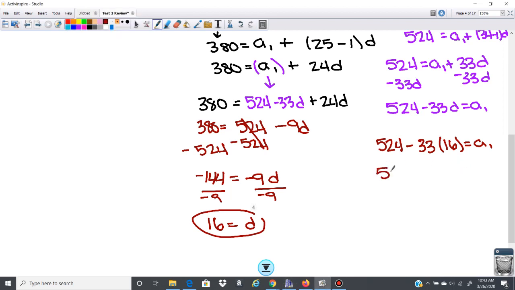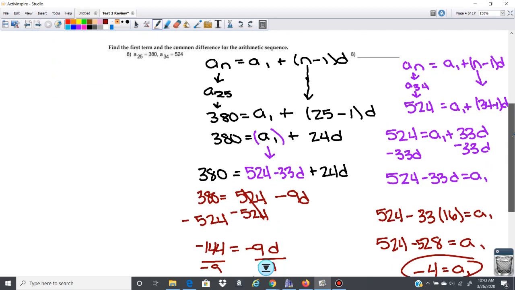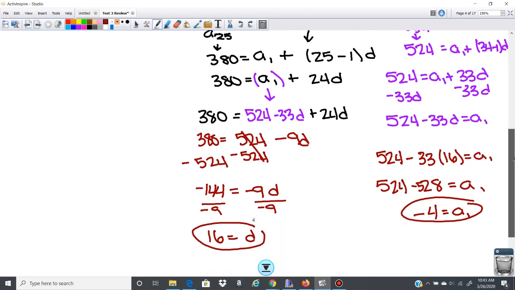So 524 minus 528 equals a sub 1, which gives us negative 4. Looking at the question, find the first term and the common difference: the first term is negative 4, the common difference is 16.